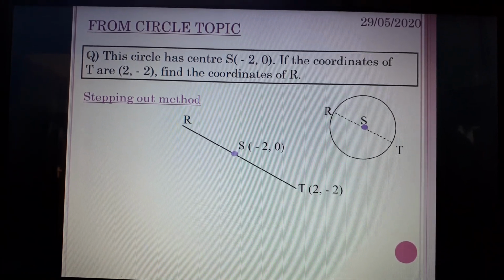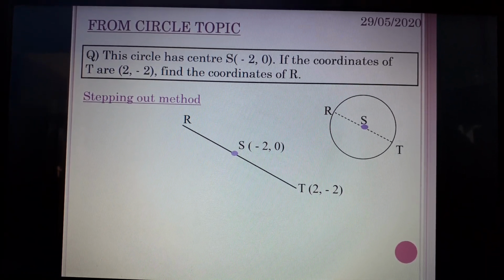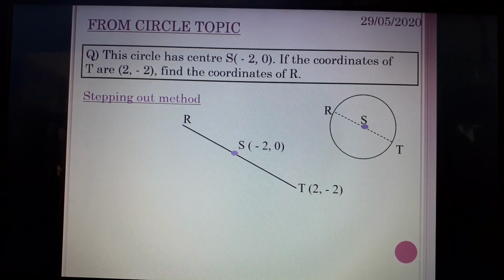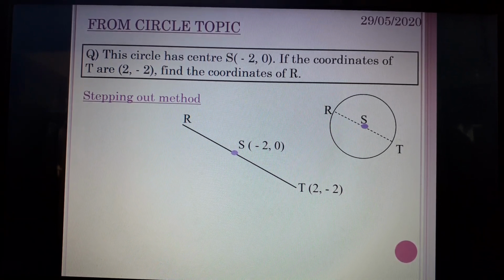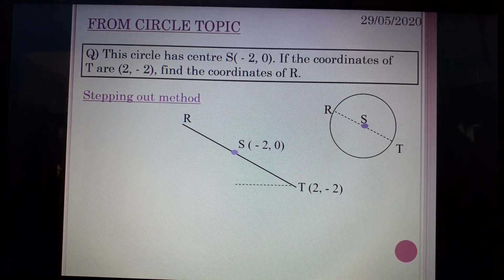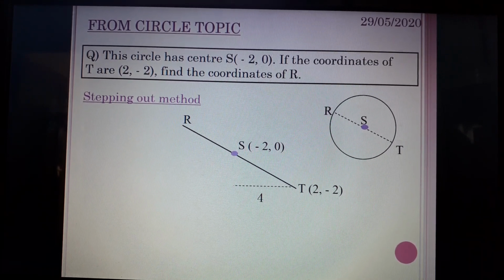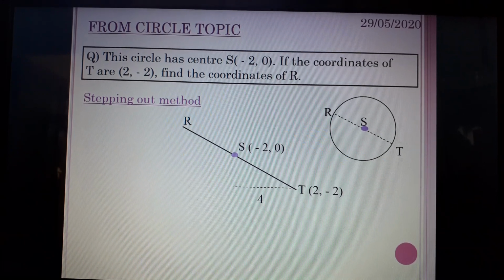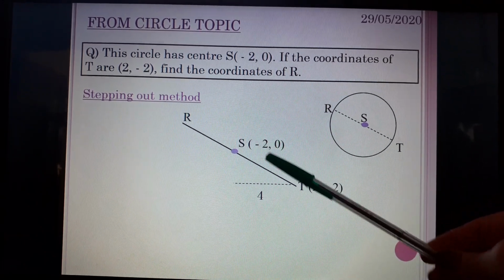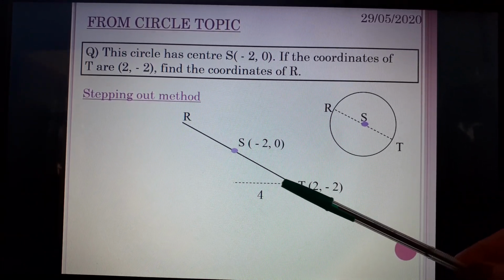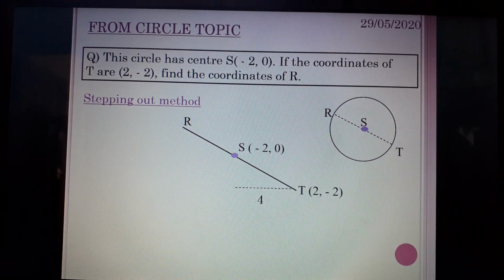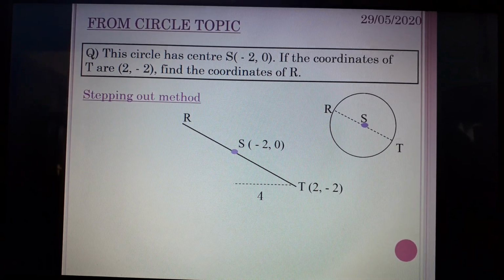So here we have just the line that's there. The fact that it's in the centre means that that line is right in the middle of R and T. That centre is right in the middle of R and T. Okay, now if you look at your two x values from here to here, we can see that there's a gap of 4 along the x-axis, okay?